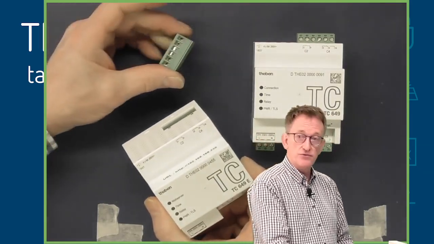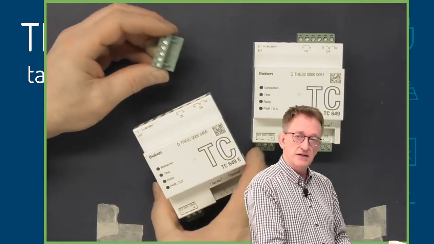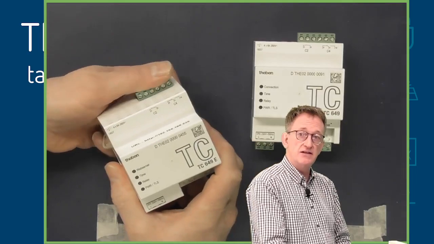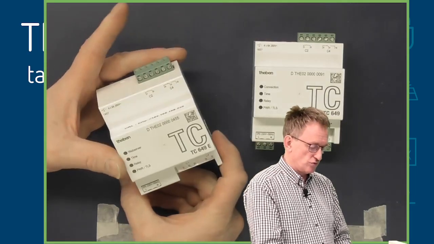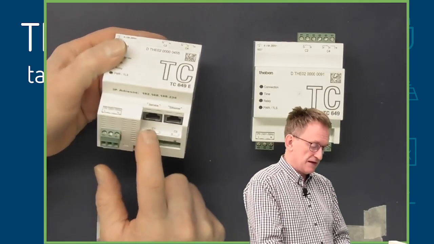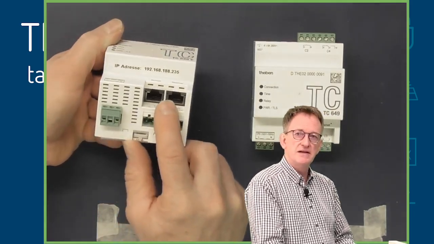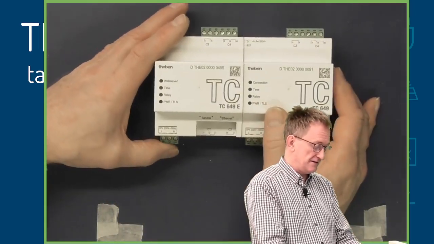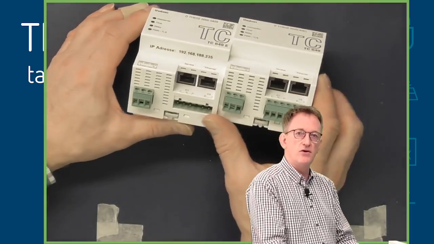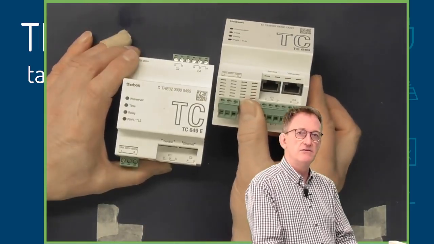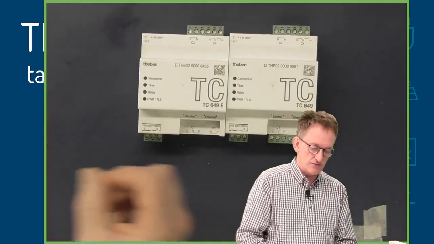You just put the cable into it, and when you have the device on site, you connect it. That's true for the channels, but also for the mains, for the power. And here you also have the 2 networking connectors. Very simple, very easy, and it's the same for all the devices. Here I have a TC649E, and here a classic TC649.